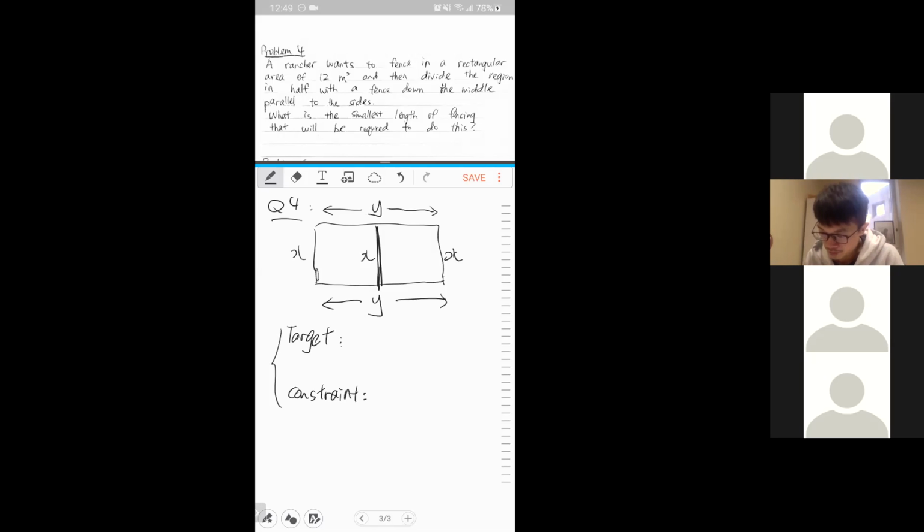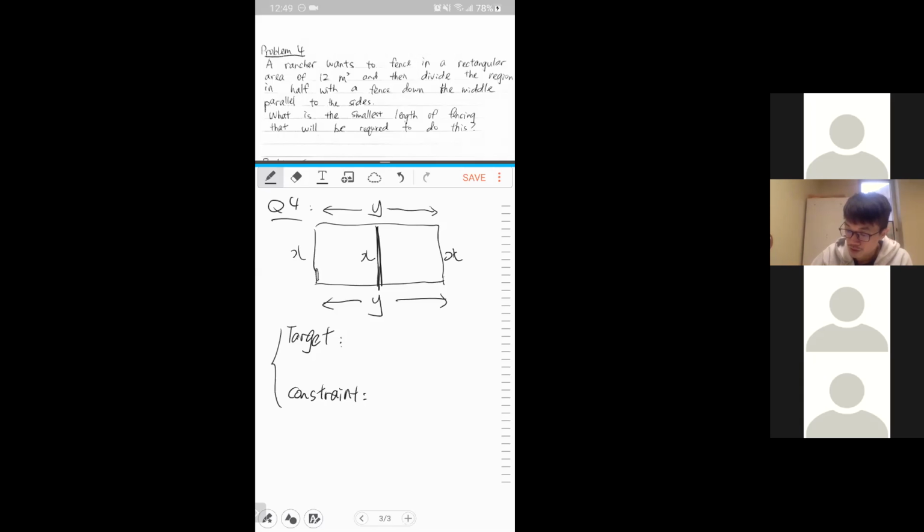Okay, so what is the target function? What is the function that we want to maximize or minimize? Okay, so I guess you want to minimize the fencing.